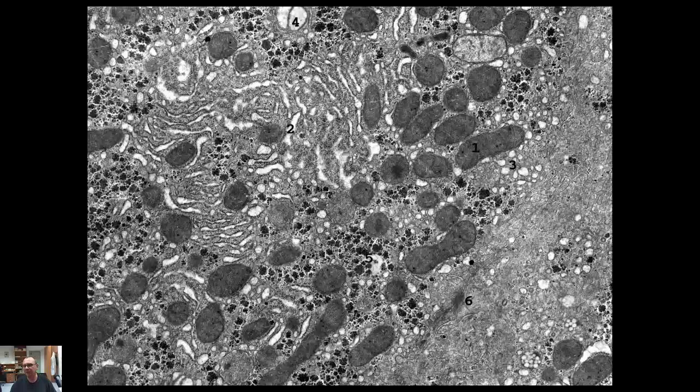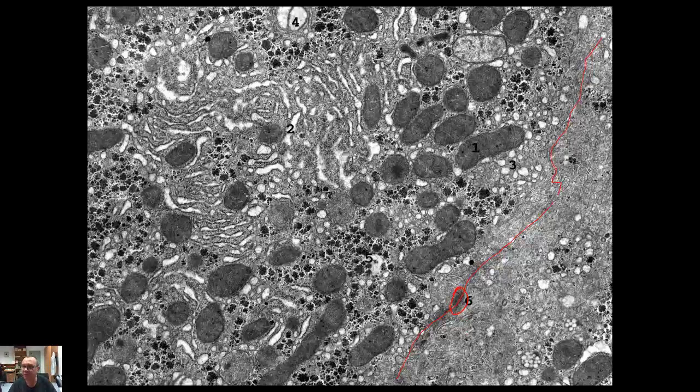Okay, a picture from the liver, an electron micrograph of a hepatocyte. Here is a border between two hepatocytes. And what we can see here is a desmosome. These are two lateral surfaces of two neighboring hepatocytes which are connected by desmosomes.